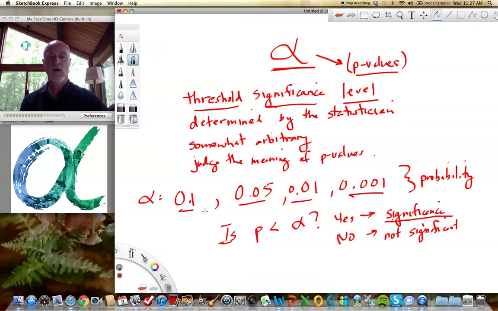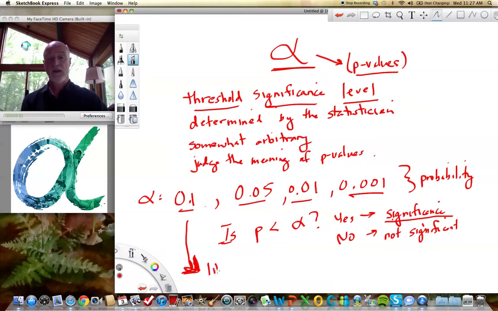Okay, so we sometimes set alpha at different levels depending upon how conservative or liberal we want to be. Now, setting alpha at 0.1 means that for any given test, we're going to quite often reject that null hypothesis, right? In fact, we'll be rejecting it quite a bit of the time.